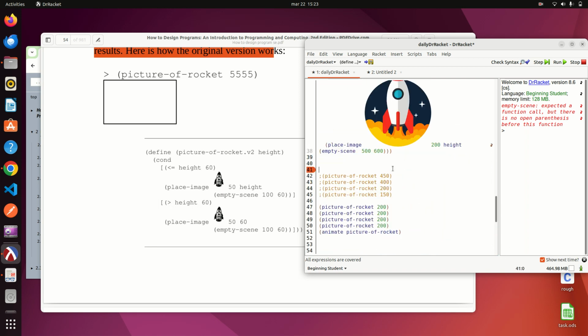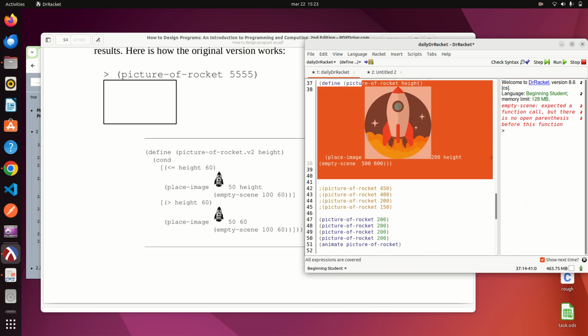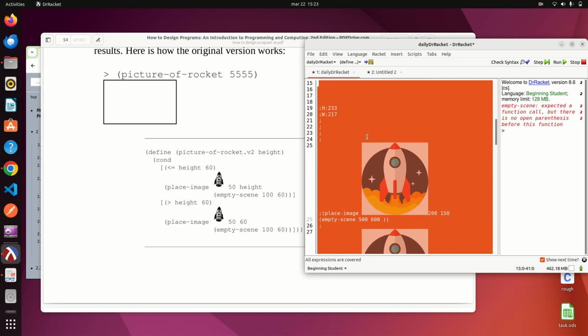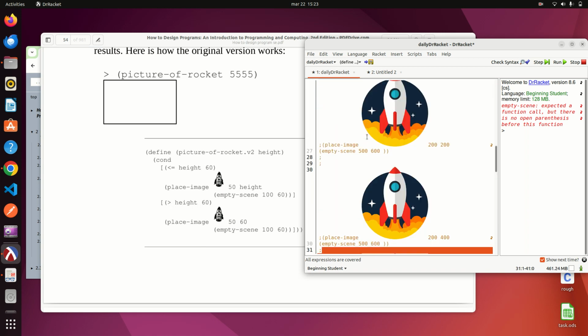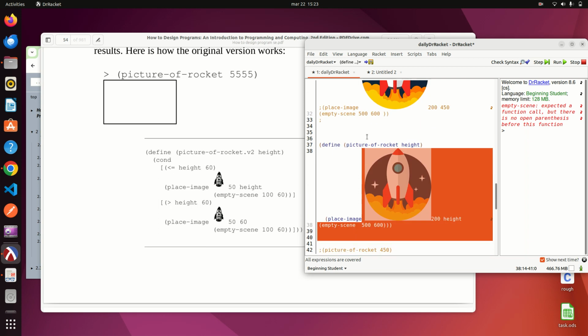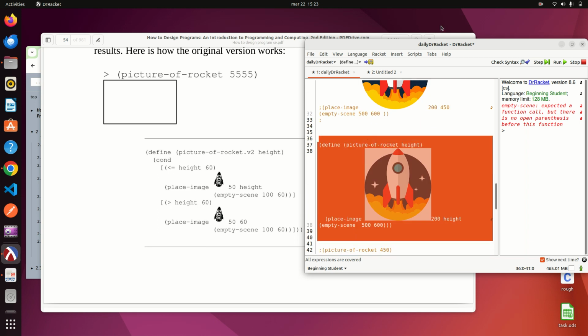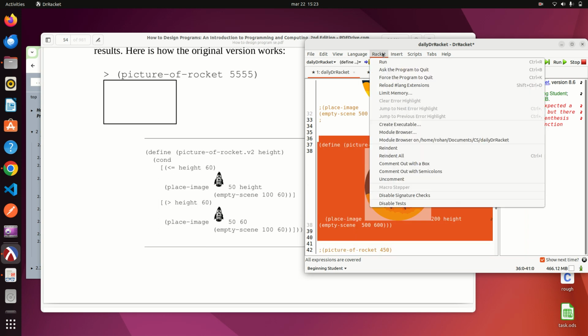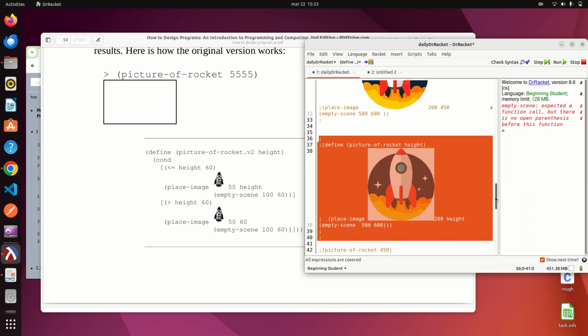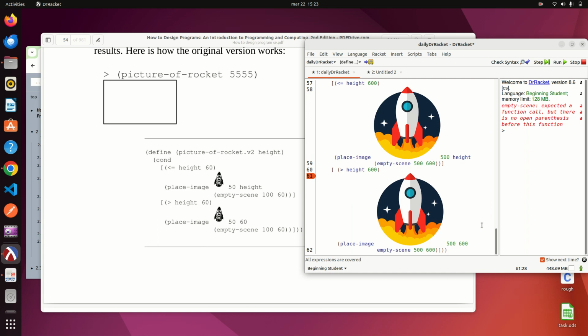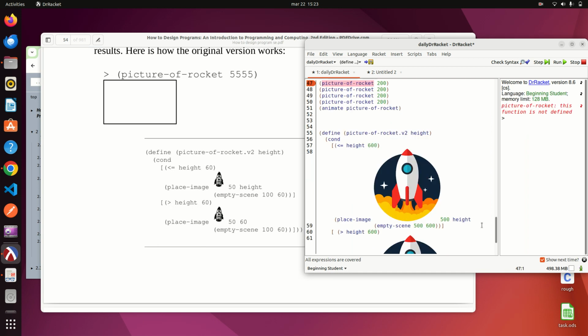Let's try to comment all this out, if that is the one where the error is. Oh yeah, probably that's where all the error was.